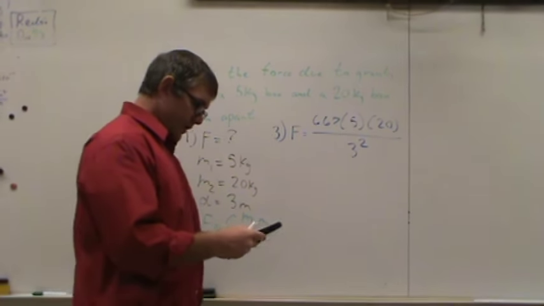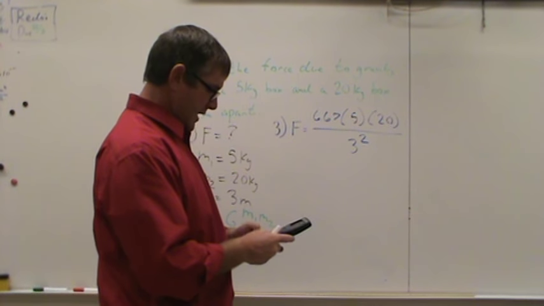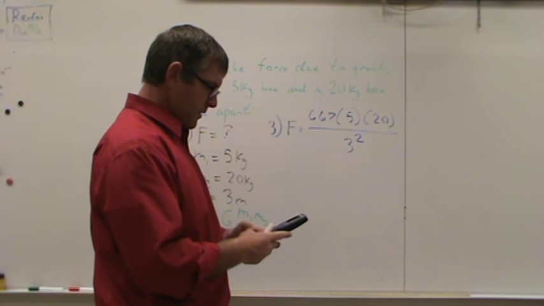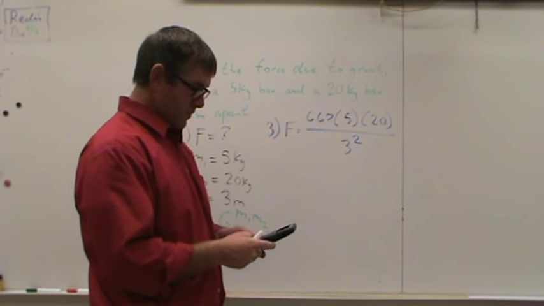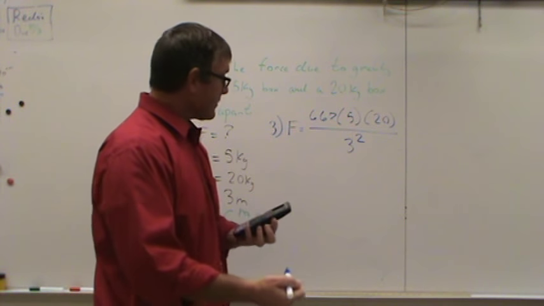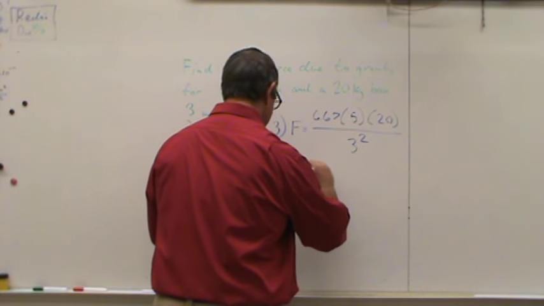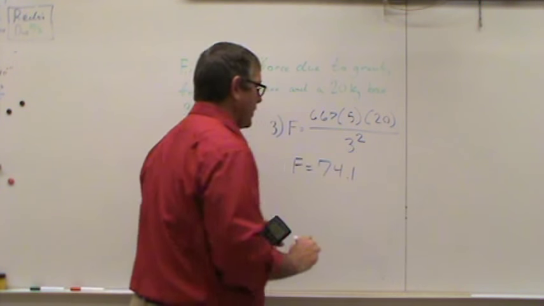We get out our calculator. We do 6.67 times 5 times 20, and we divide that all by 3 squared. And it gives us an answer of 74.1 repeating. We'll just put 74.1.